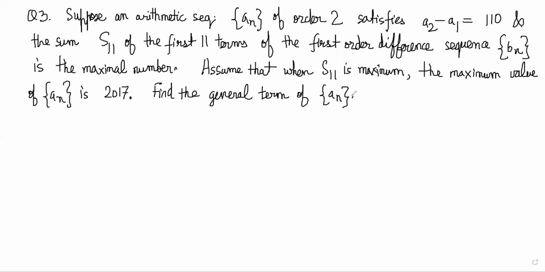So this question uses concepts of higher order sequences. When we say An is an arithmetic sequence of order 2, that means the difference sequence Bn is an arithmetic sequence of order 1. What is a difference sequence? An is the sequence A1, A2, A3, A4, and so on.